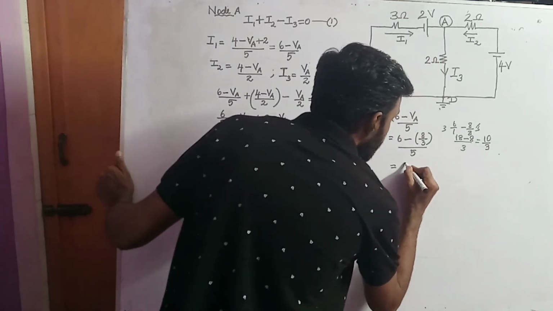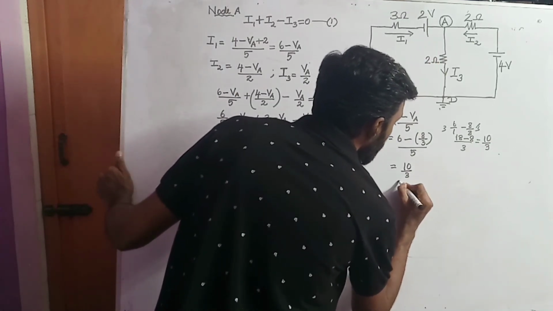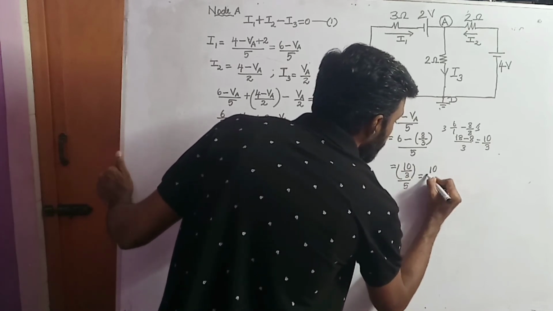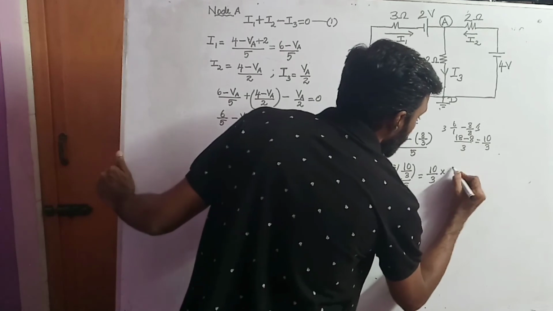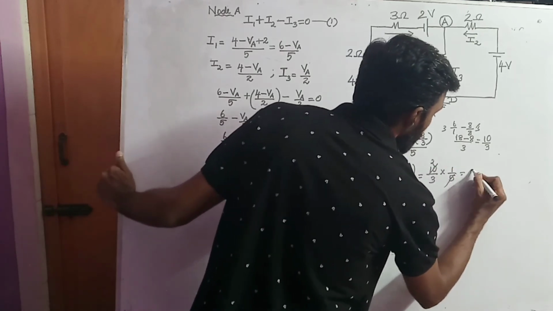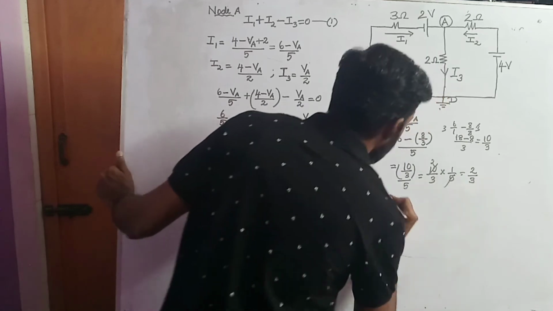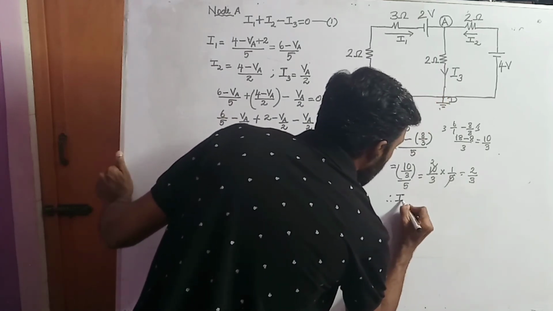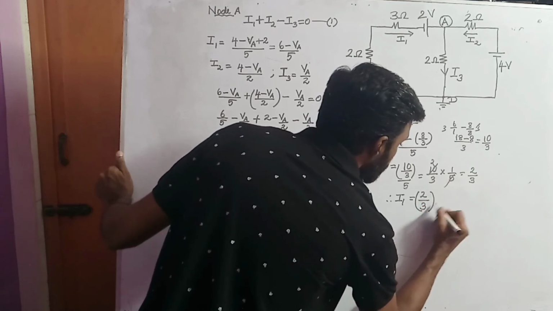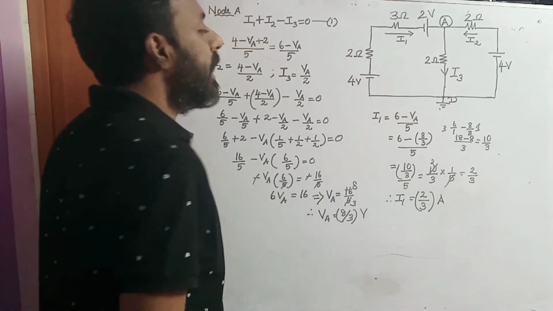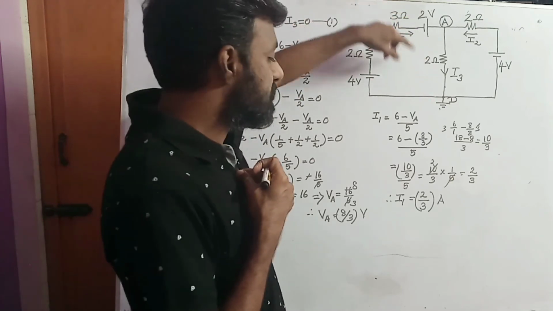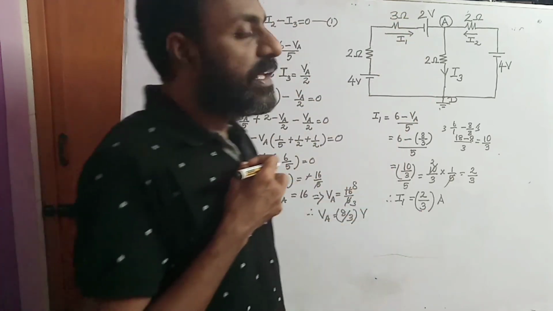So I'll be getting 10 divided by 3 divided by 5, which is 10 divided by 3 into 1 by 5. 5 ones are 5, 5 twos are 10, which is 2 divided by 3. Therefore I1 will be 2 divided by 3 amperes. The current that is flowing through the 3 ohm resistor is 2 divided by 3 ampere.